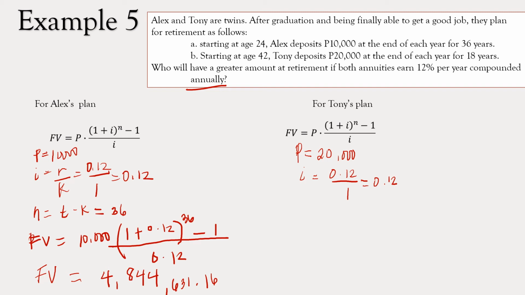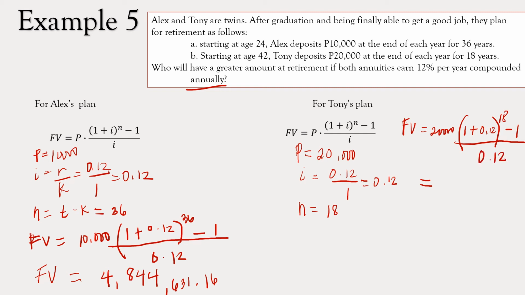And then, his N is T times K, 18 years times 1 siya, so 18 pa rin. So, FV, future value, is equal to 20,000 times 1 plus 0.12 raised to 18 minus 1 over 0.12.